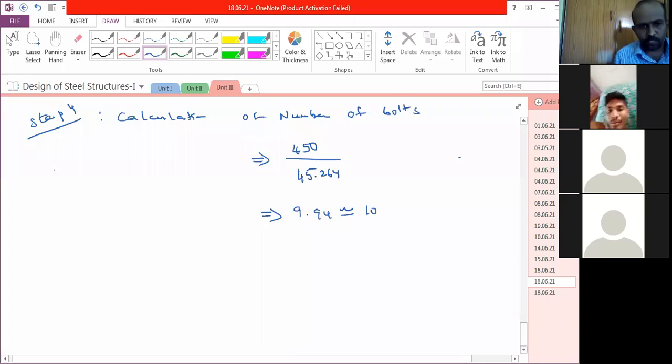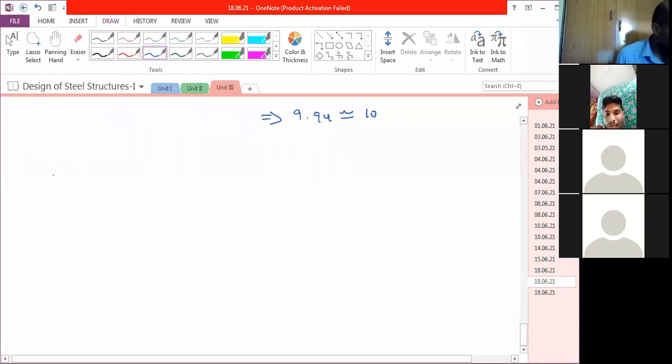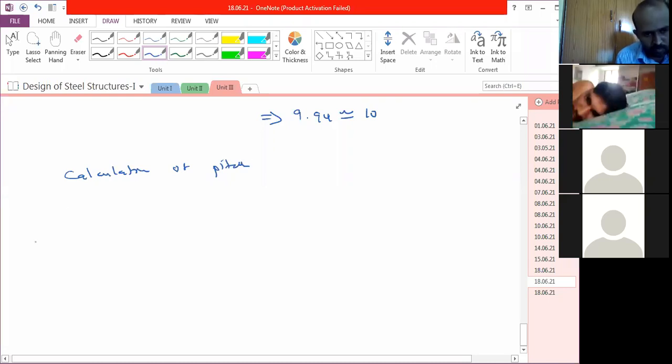So calculation of pitch distance. Let us assume the pitch distance as 50 mm. Why do we have to calculate it? The limiting strength is our gusset plate strength.